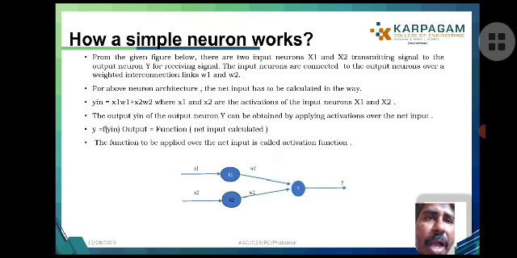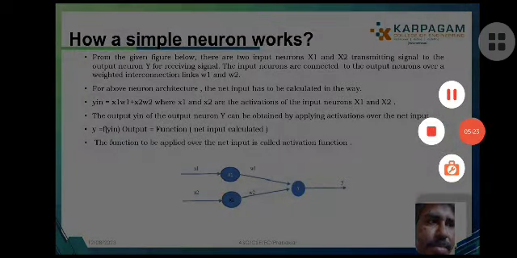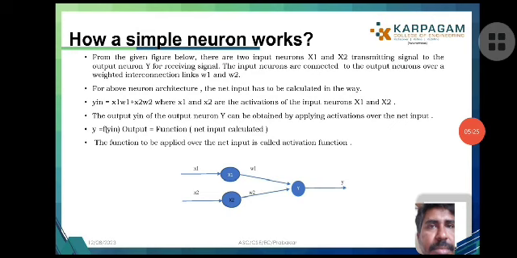So how does a simple neuron work? From the figure given below, there are two input neurons x1 and x2 transmitting signals to the output neuron Y. For receiving the signal, the input neurons are connected to the output neuron over weighted interconnection links W1 and W2.